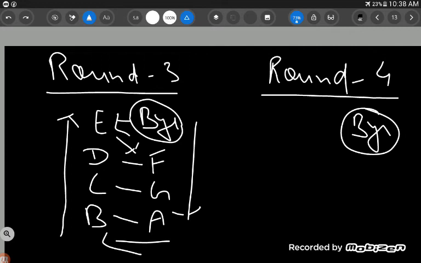Which team will come at the place of F? E. And then we will write the name G. Sorry.